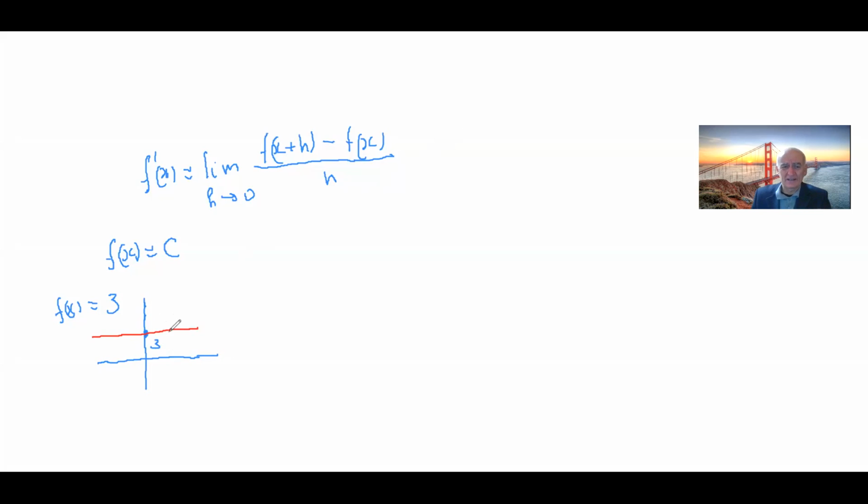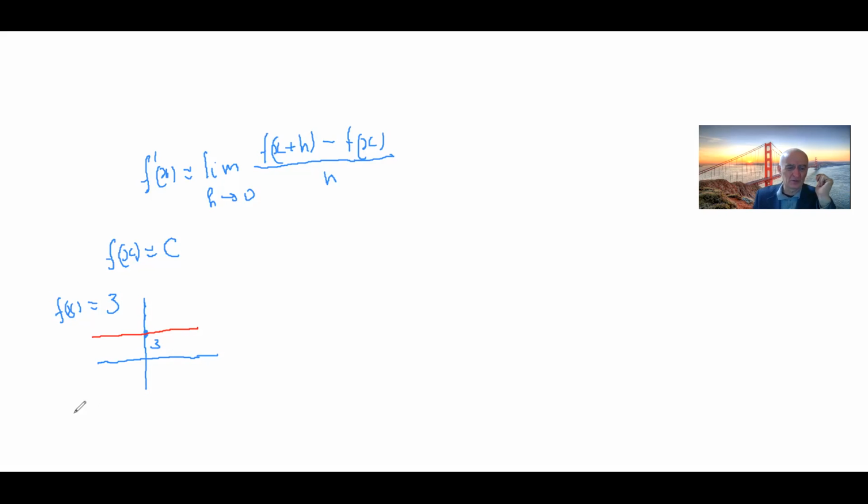My next question is, what is the slope of this line? 0. Very good, Nika. So the slope of this line is 0. The slope of a horizontal line is always 0. Why?